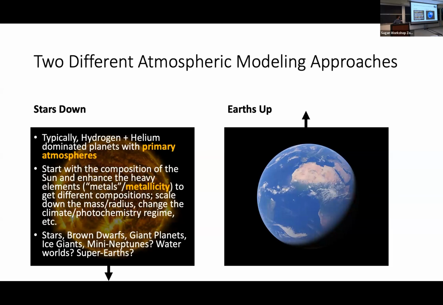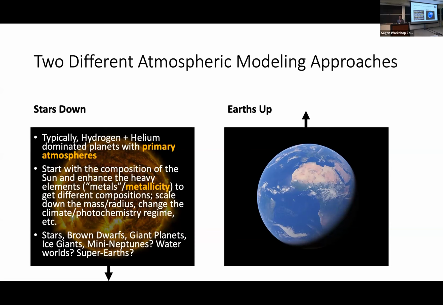So for the stars-down approach, we typically are talking about primary atmospheres composed of hydrogen and helium. We might start with the composition of the sun and then enhance the heavy metals, or the metallicity, of the atmosphere to get substellar and gas giant planet atmosphere compositions. And then we might tune certain knobs, things like the rotation rate, to enter a different climate regime.